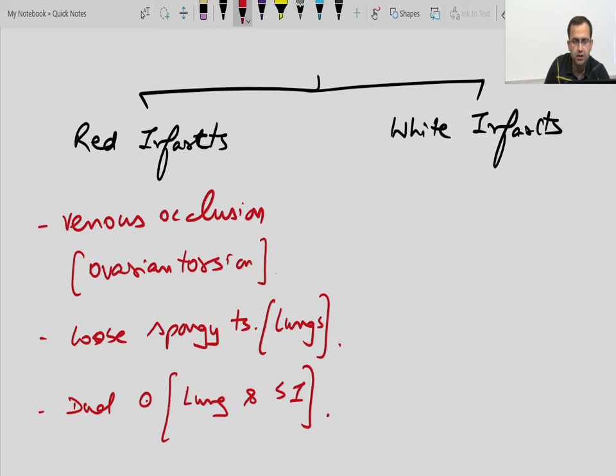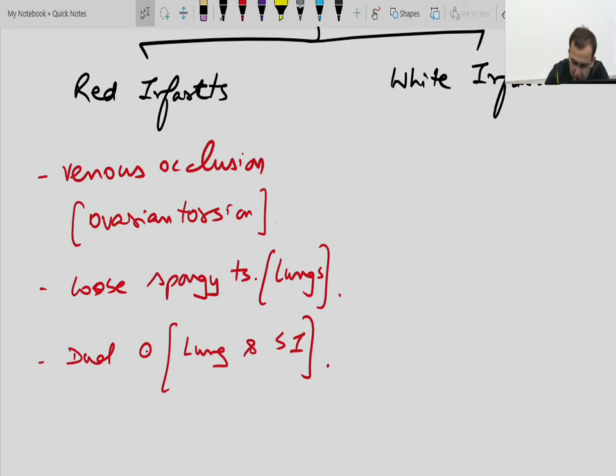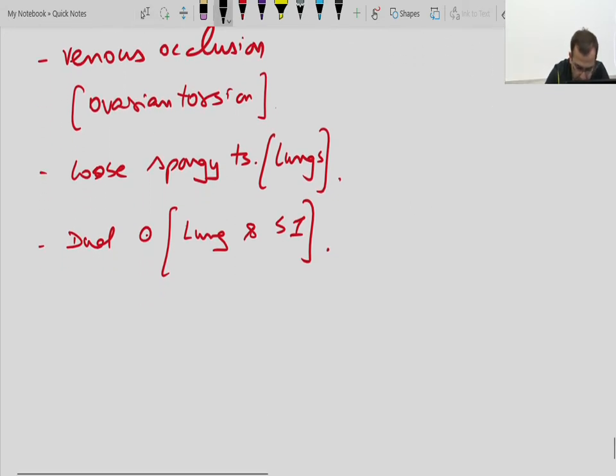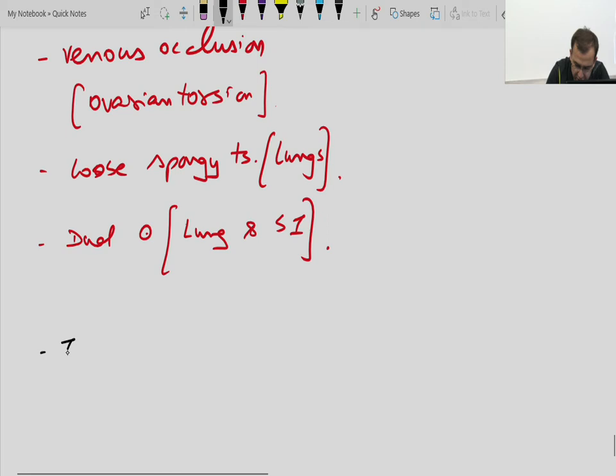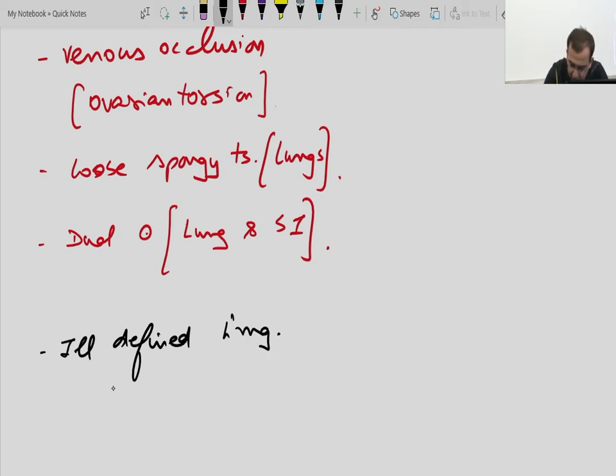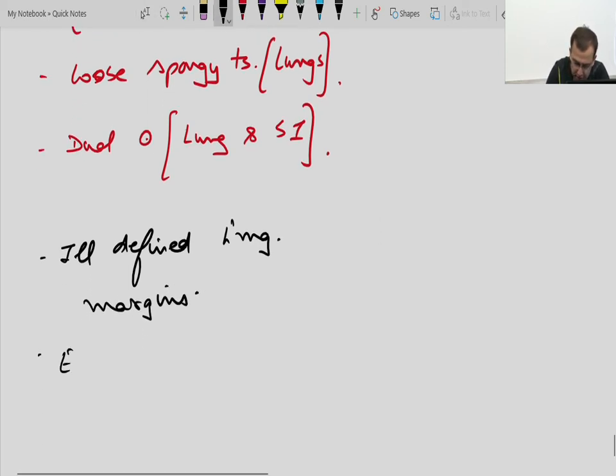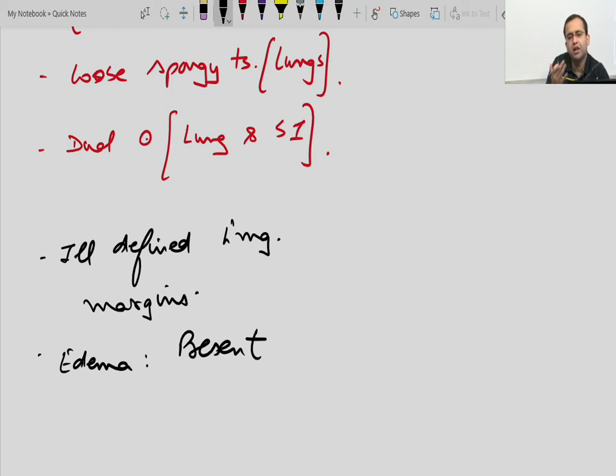Red infarcts are usually ill-defined hemorrhagic lesions with ill-defined margins, and edema is usually present, because it is either a loose spongy tissue or has dual circulation.